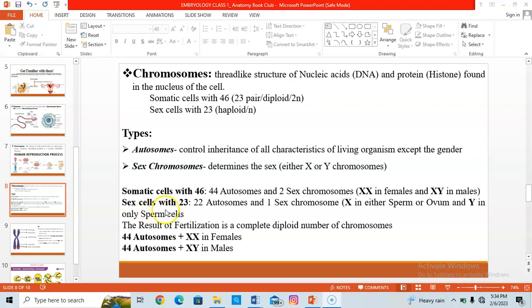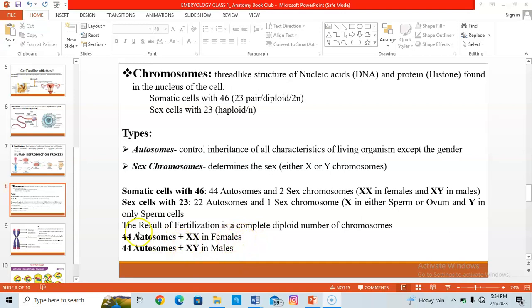So that's why the male is the determinant of the sex of a newborn, because the male can have either X or Y in the nucleus. So when fertilization occurs, the union of the male and female sex cells, a newborn is born. It's either a male or a female.